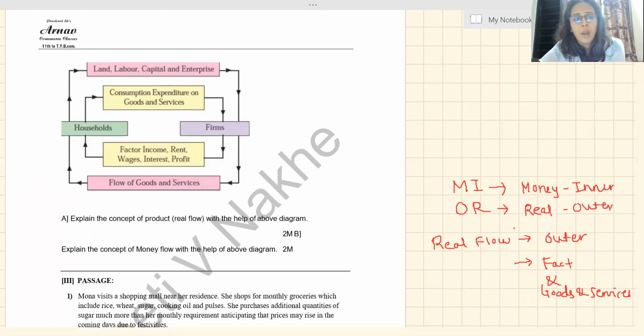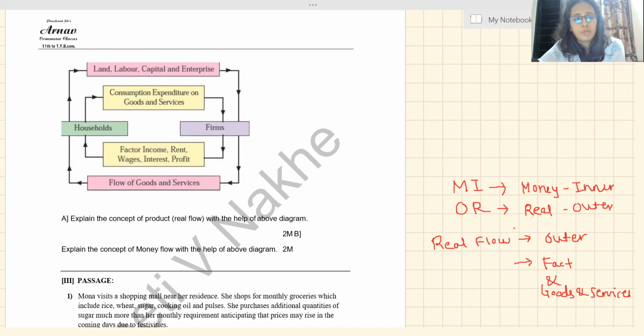And they provide these factors of production to the firm, because the firm doesn't have these, and the firm makes use of all these factors of production and produces goods and services and sends them back to households. Households consume these goods and services. So the outer flow explains only the real flow where goods and services and factors of production transfer. This is called real flow.